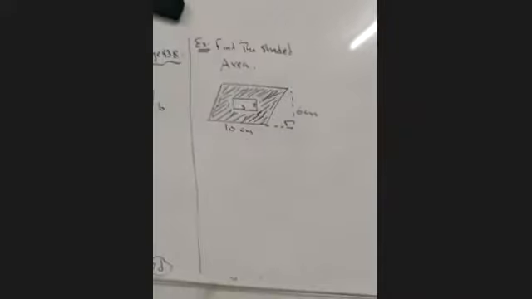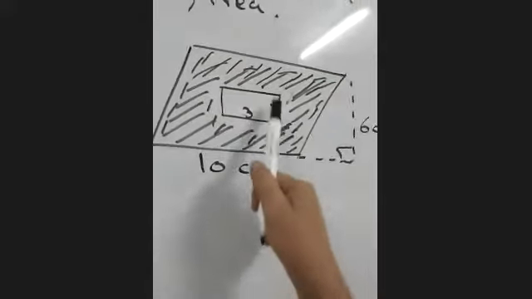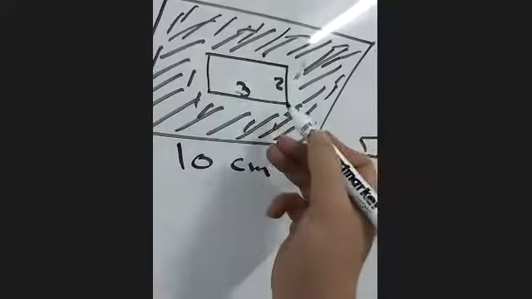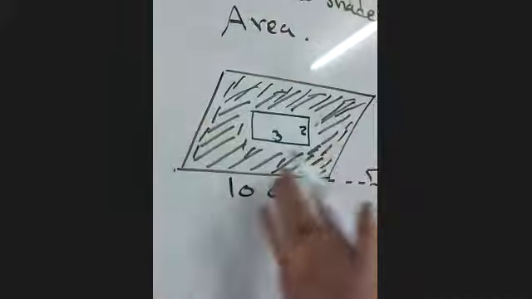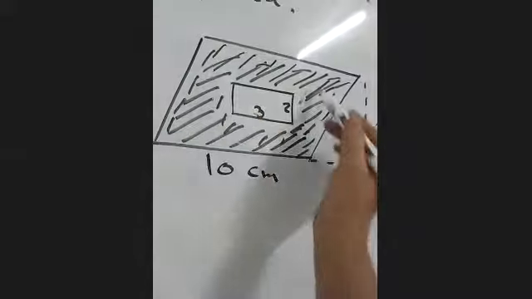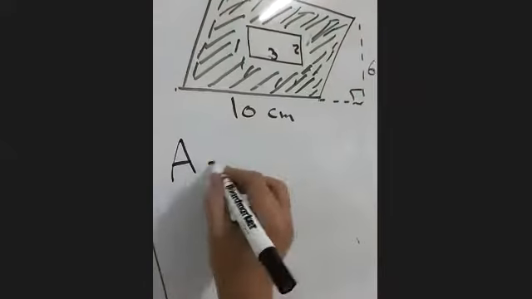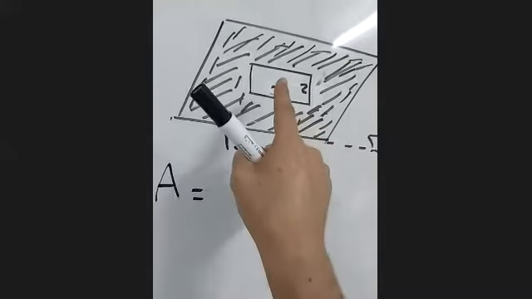Focus, guys, please. So I have a parallelogram, but inside the parallelogram, I have a rectangle. The area of the rectangle you took before: 3 multiply 2, length by width, right? Now, if I want to find the shaded area, it means the whole area without the rectangle, only the surrounding area here, okay? What's the wanted area equal, guys? If I want the shaded area, I need to get rid of the rectangle inside, right?